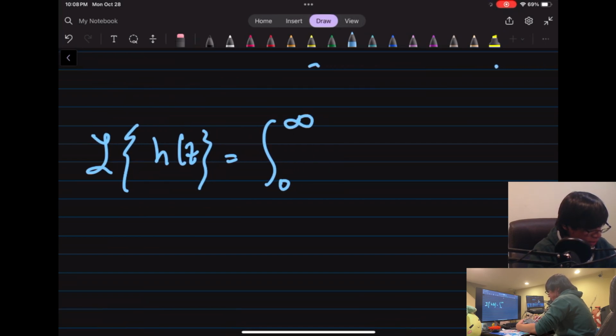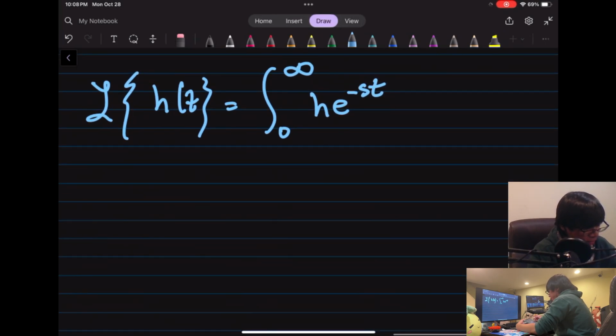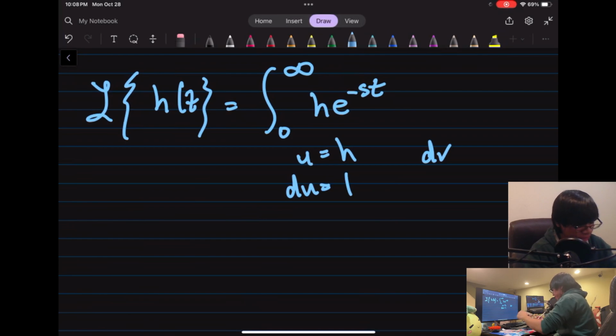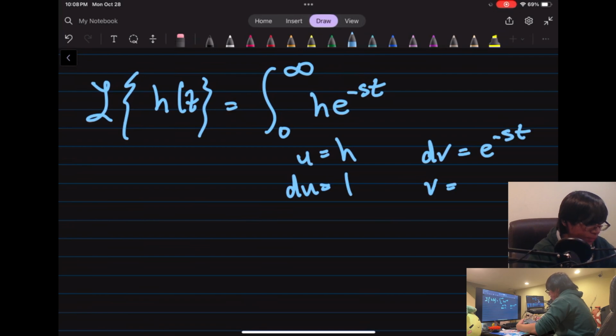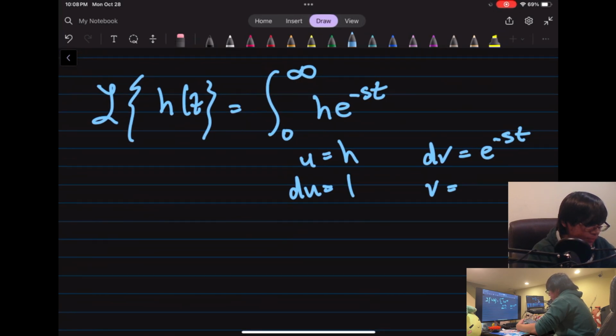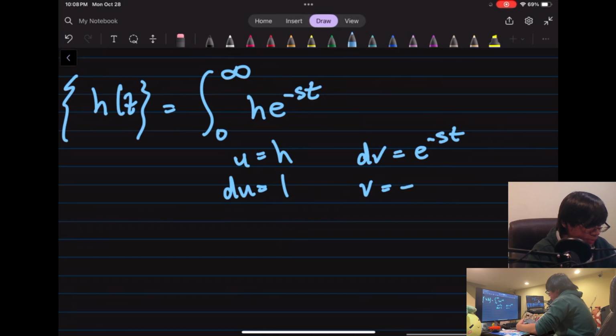So 0 to infinity, h e to negative st. Now I choose integration by parts again, but now I choose h as u, since differentiating this is simply a constant 1. And dv, oh, the only thing left is e to negative st, and you take the integral of that. That's negative 1 over s e to negative st.